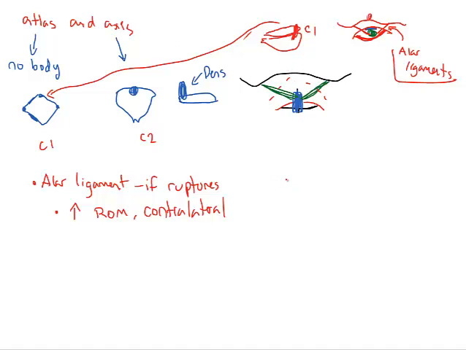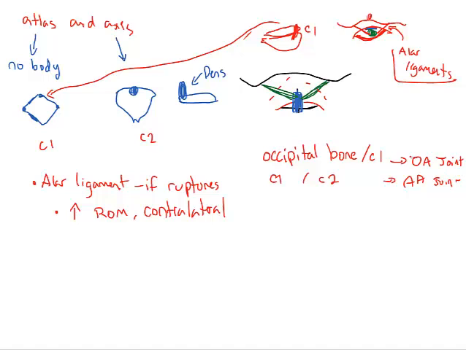So one last thing, just to note that the occipital bone and the C1 make the OA joint, and the C1 and C2 make the AA joint.